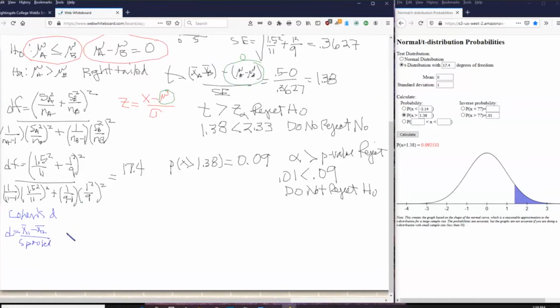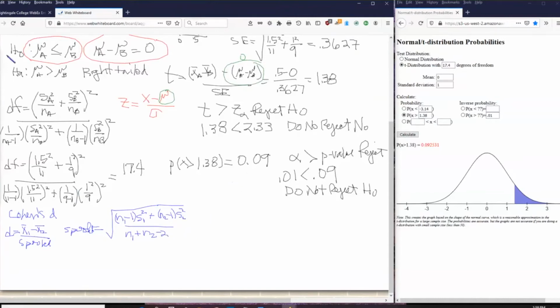And S pool is going to equal the square root of n minus 1 times the standard deviation of the first sample squared, plus the sample size of the second minus 1 times the sample deviation of the second squared, all divided by sample 1 size plus sample 2 size minus 2.